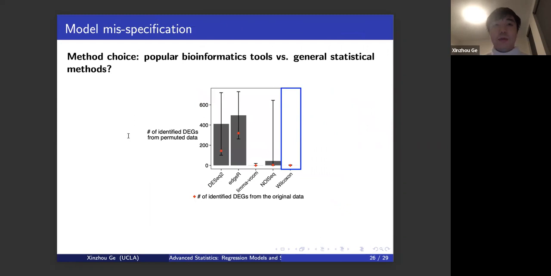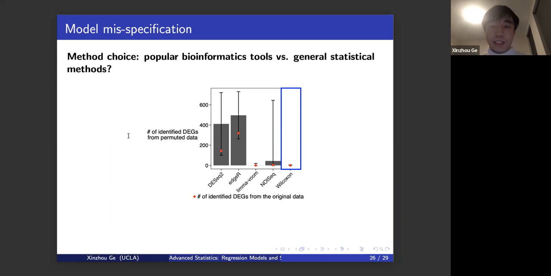And what should be the fix, and how can we solve this problem of model misspecification? One way to solve this is to use some general statistical methods which do not rely so much on the distributions of the count, because when we use regression models, we always have assumptions.